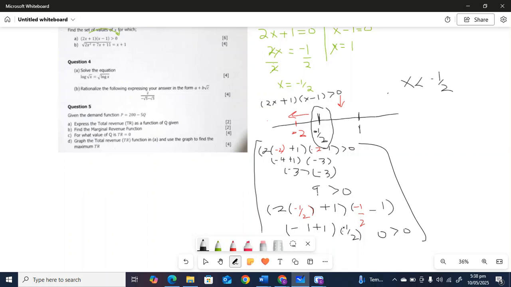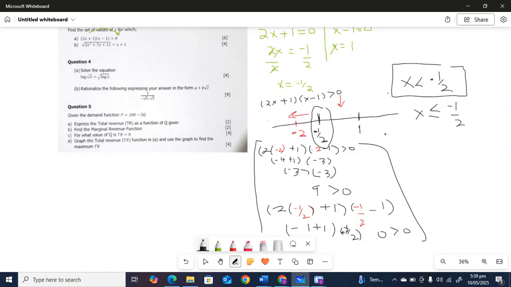Negative 3.5 times 0 is still 0, so we can still exclude negative half from this range. If negative half was part of this range, you would have written it like this. It means including negative half in the range. For any value of x which is negative half or less than negative half, it was inequality true.